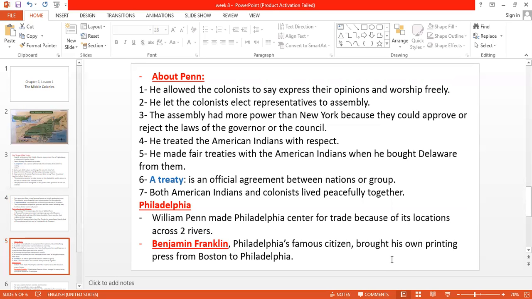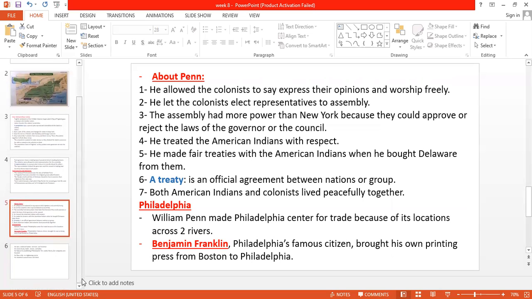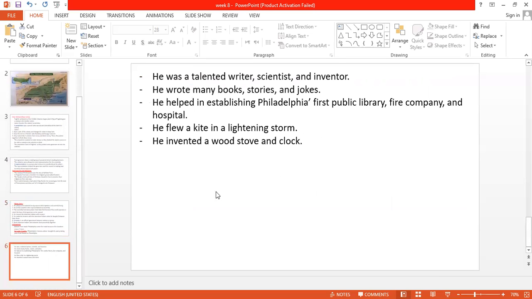Because number one, he brought his own printing press from Boston to Philadelphia, and he made many developments in the Middle Colonies. What did he make? Number one, guys, he was a talented writer and he wrote a lot of stories. You can search about it. He was also a famous and talented scientist and inventor at the same time. Look, he wrote many books, stories, and jokes.